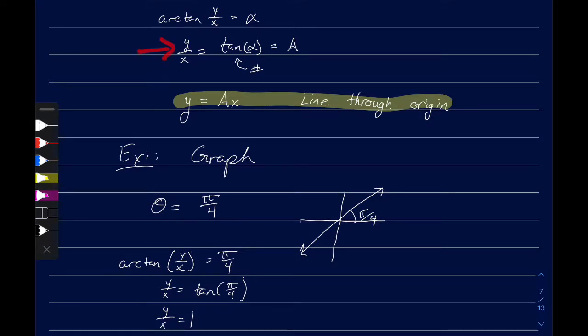So we'll call it a. And then solving for y, we get y is equal to ax, where a is equal to the tangent of alpha. And that's just a line passing through the origin. So when we have theta is equal to alpha, we get a line passing through the origin with an angle of inclination of alpha.